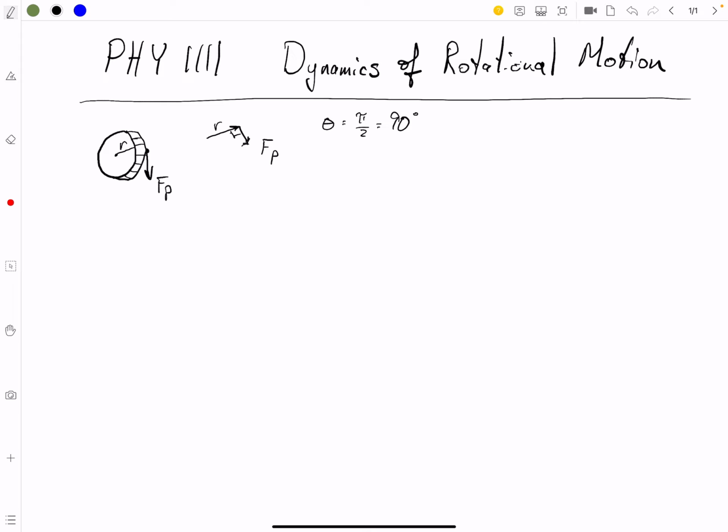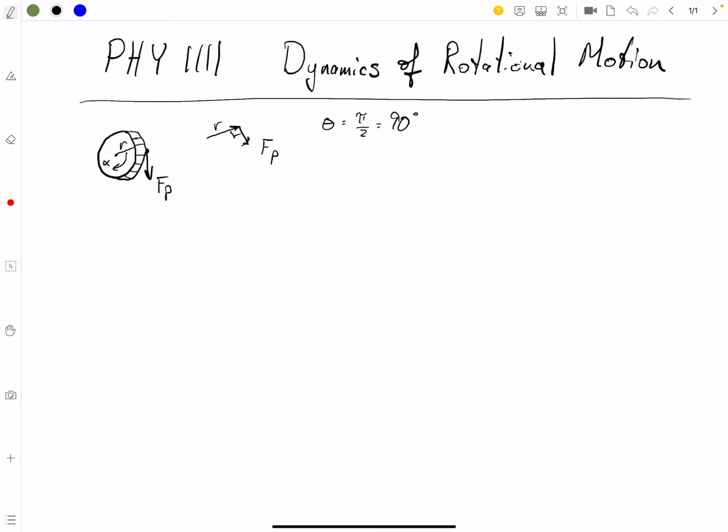So the person's going to pull down. They're going to give it a force. And what is this thing going to do? It's going to start from 0 angular velocity, and then it's going to go up to something.